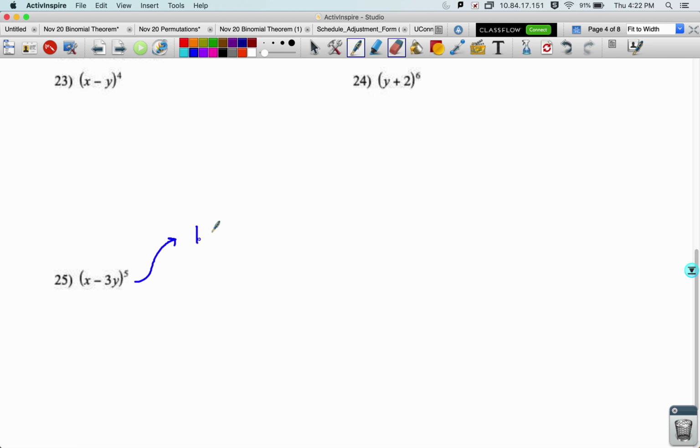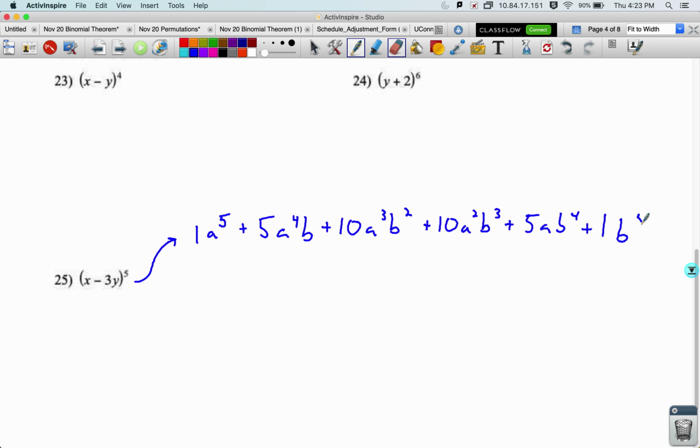I just need the coefficients from the 5th row of Pascal's triangle, and I start with a to the 5th plus 5a to the 4th b plus 10a cubed b squared plus 10a squared b cubed plus 5ab to the 4th plus 1b to the 5th. I'll point it out because I don't think I said it earlier. The exponent on a counts down, the exponent on b counts up, and don't forget to have the case where you have no b's or no a's be the ends.